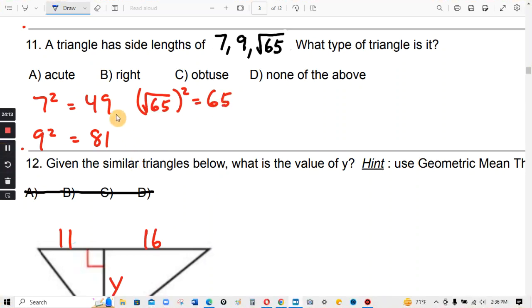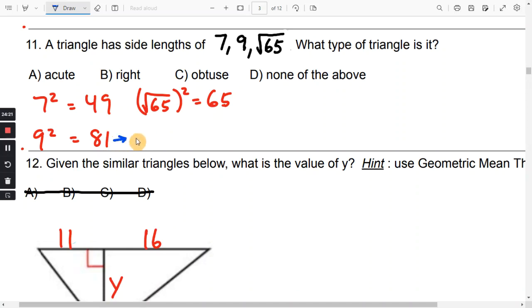All right, so now that we squared each one, we can see which one is the longest side. So the 81 is the greatest out of these 3. So that's going to be your c squared. A and B, it doesn't matter, so I'll let the 65 be the a squared. And I'll let the 49 be the b squared. Okay, so we do our table once again.